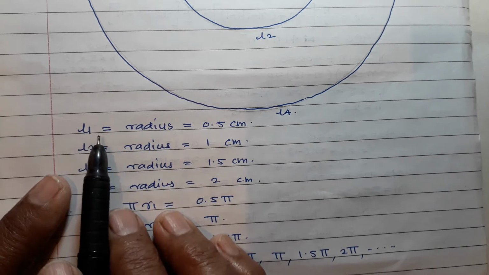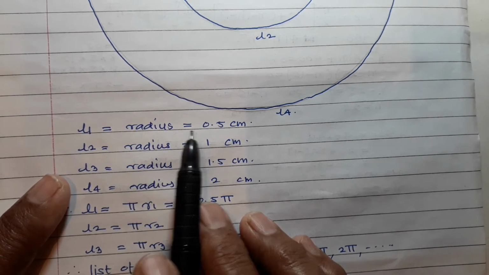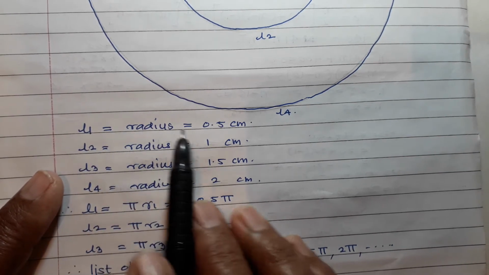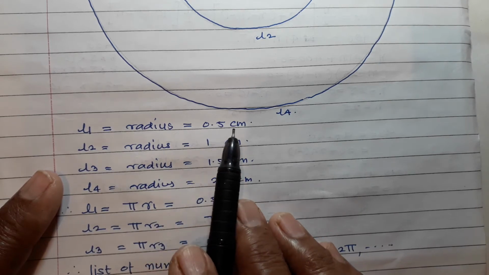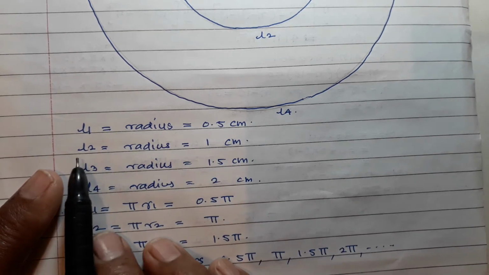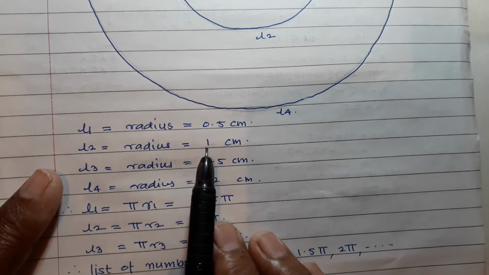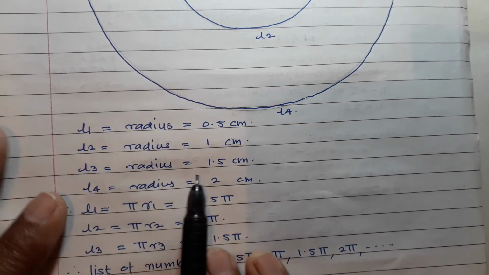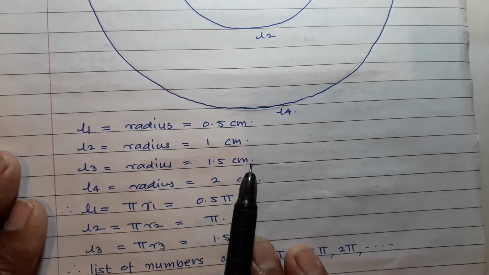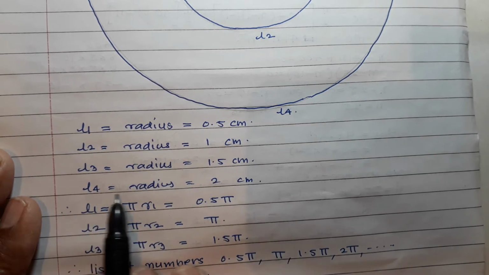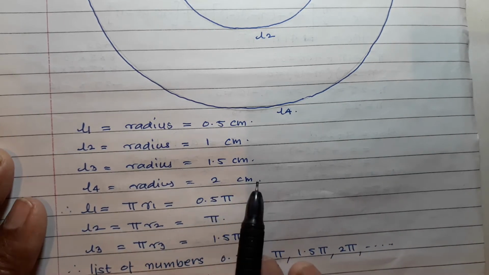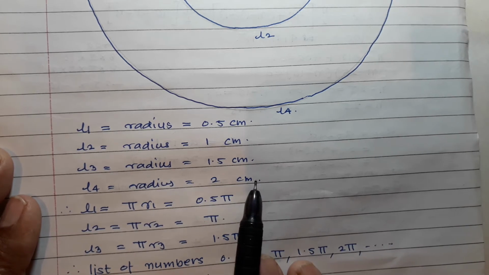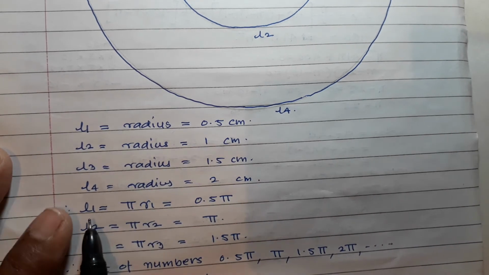For L1 the radius is 0.5 centimeter. For L2 the radius is 1 centimeter. For L3 the radius is 1.5 centimeter. For L4 the radius is 2 centimeter, and therefore find the length.